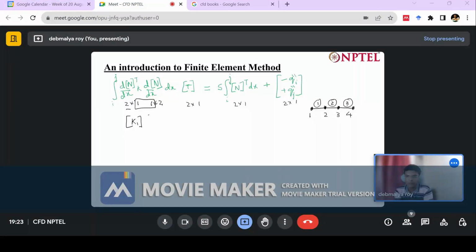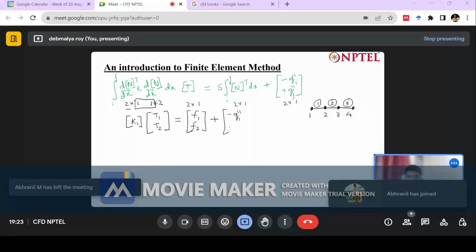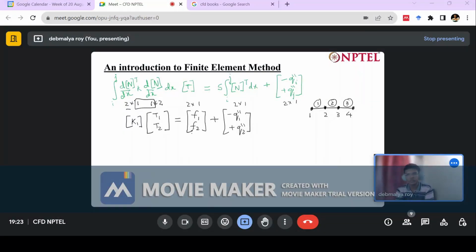So this is for element 1, and we will have this T as T1, T2, and let's say this particular source term, let this be F1, F2, and we will definitely have this minus, plus U double dash. We can find this K1, all the elements we can find out.